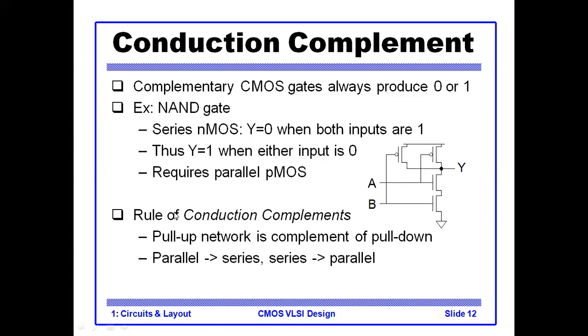So this is the rule of conduction complements. The pull-up network is a complement of the pull-down network. This is the pull-down network, and this is the pull-up network. If the pull-down network is series, the pull-up network is parallel, its complement.